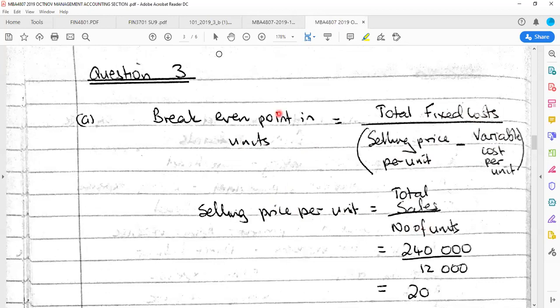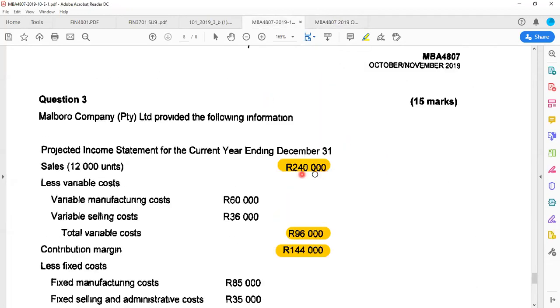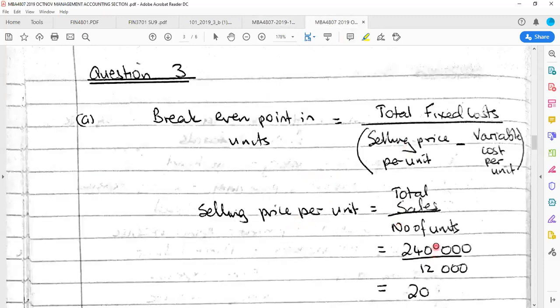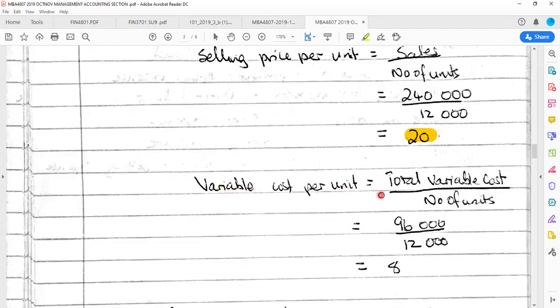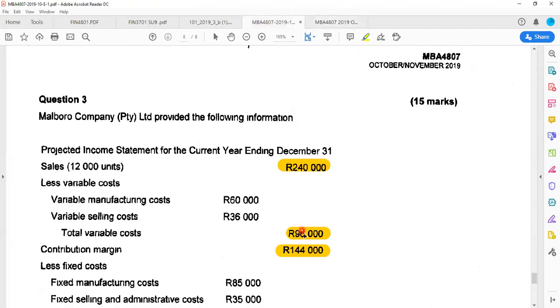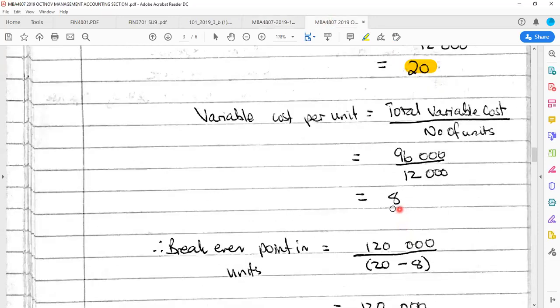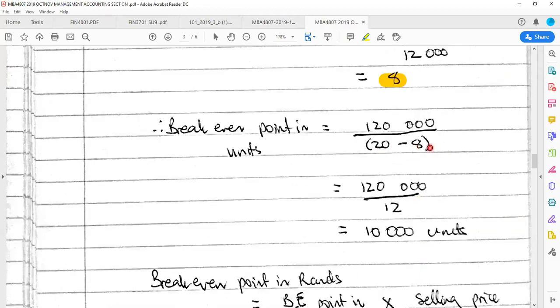So our total sales were 240,000 divided by 12,000 units, giving us a selling price per unit of 20 Rand. The variable cost per unit is total variable cost divided by number of units. That's 96,000 divided by 12,000, giving us 8 Rand per unit. So the break-even point in units is 120,000 over 20 minus 8, giving us 10,000 units.